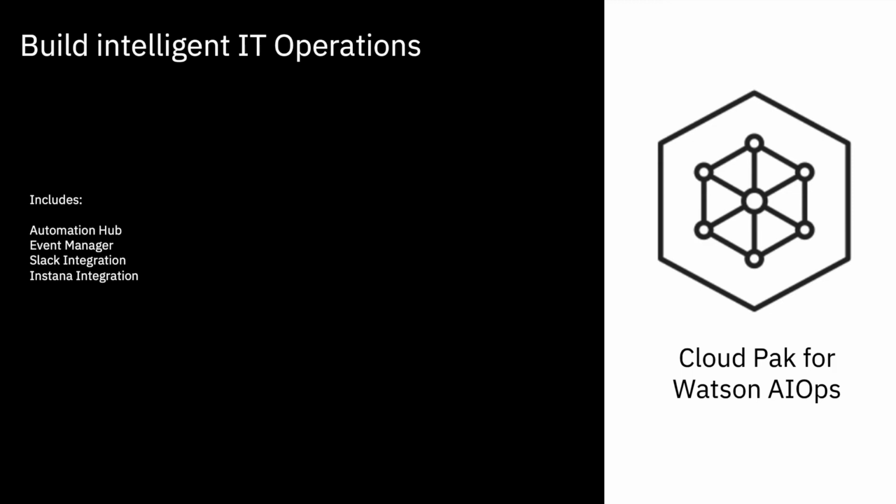So if you have applications that run from multiple locations, such as on premises or other clouds, you can see what those components are and their health. And there's a wealth of observability features as well, driven by a product called Instana, in which IBM has invested by recently acquiring the company. So CloudPak for Watson AI Ops is all about bringing AI to the IT operations teams and helping them monitor and fix issues in the IT environment.